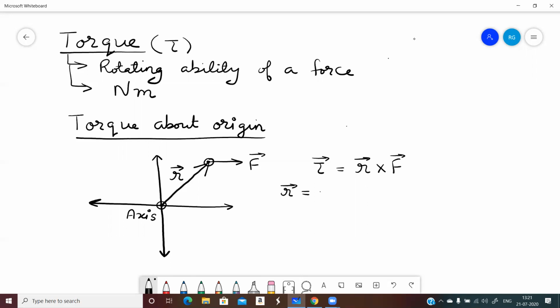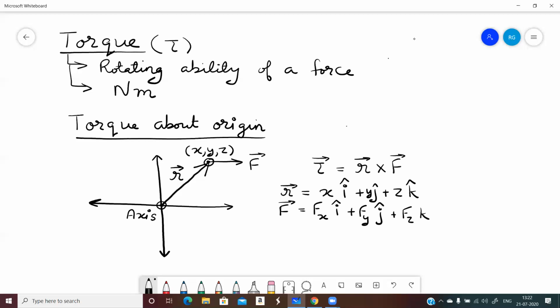Suppose this R is X i cap plus Y j cap plus Z k cap, because this point has coordinates X, comma Y, comma Z. And the force, as the force is also a vector, we can write the force as Fx i cap plus Fy j cap plus Fz k cap.